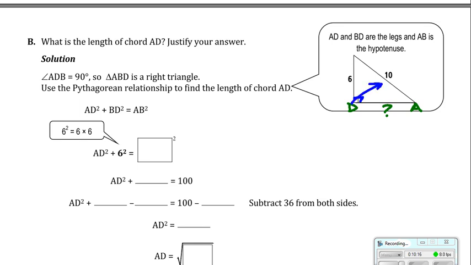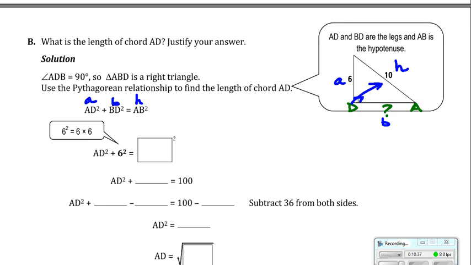I'm going to shoot an arrow across to find the hypotenuse, and the other two sides we can label as A or B. So this is A, this is B, this is the hypotenuse. And we know the hypotenuse, so we're looking for one of the side lengths.